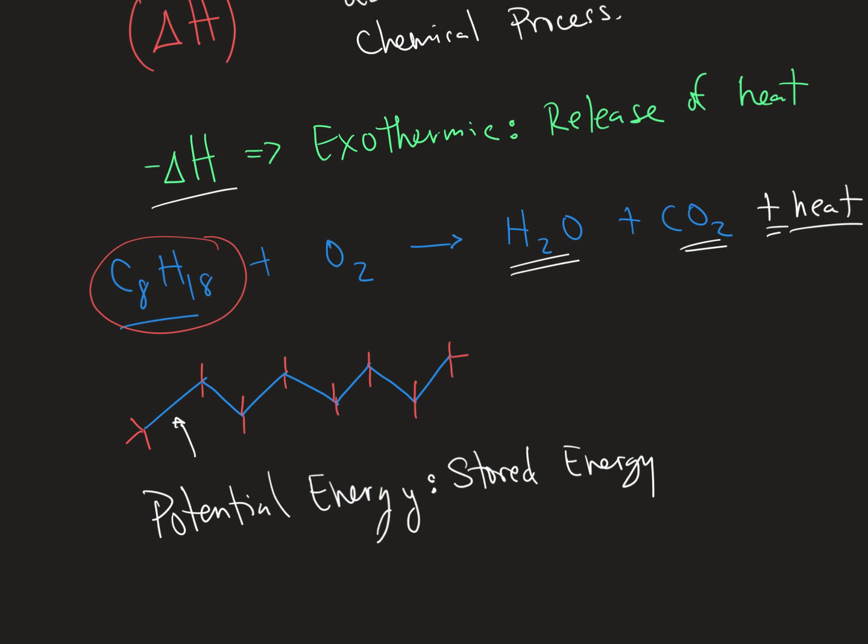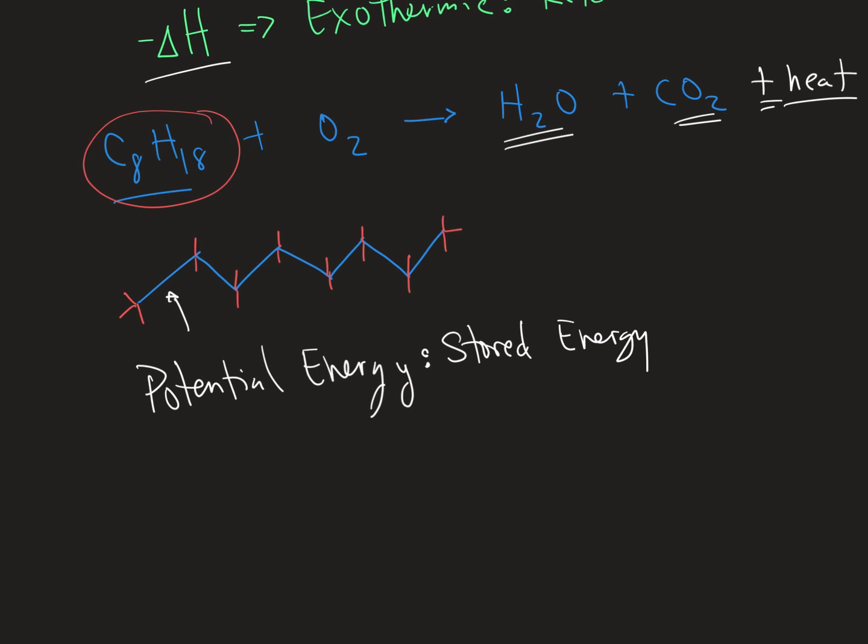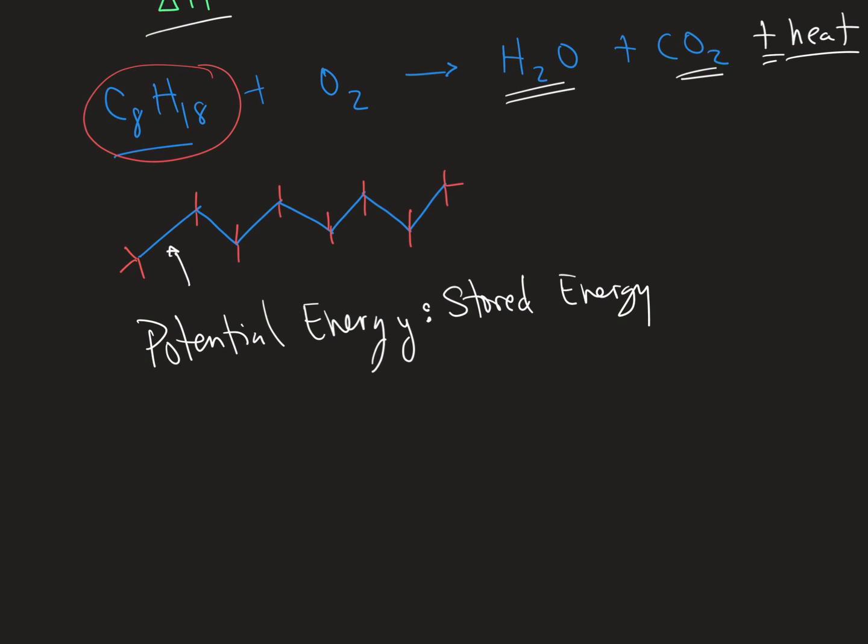And so we get all that energy, and we can't just get rid of it and destroy it. It goes out as heat. Does that make sense? Any questions on exothermic?